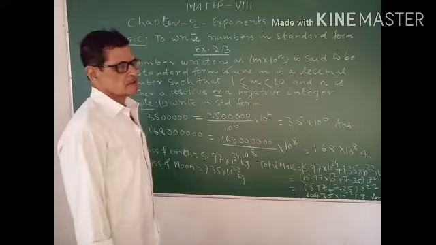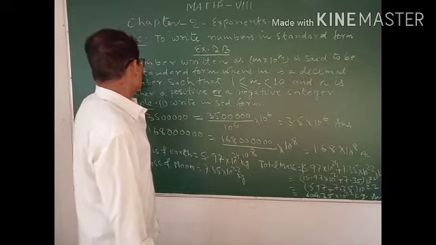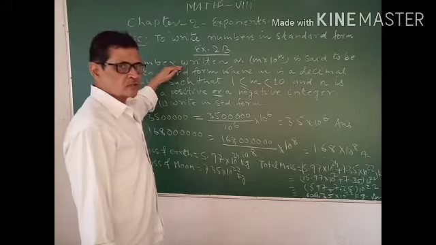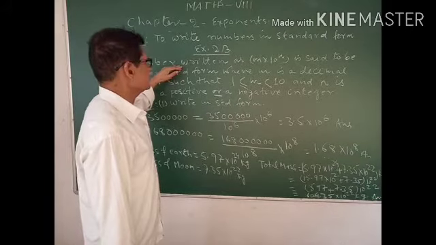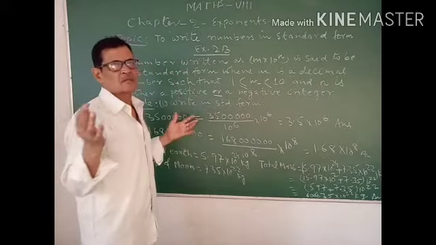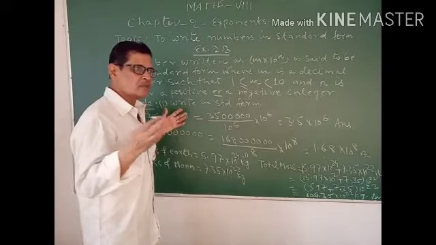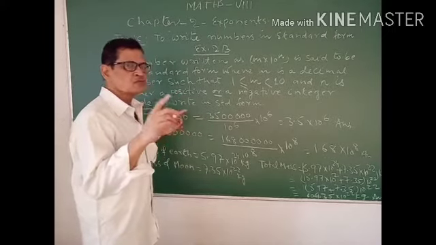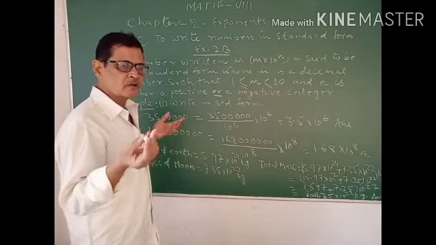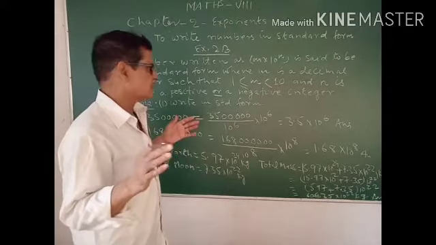Exercise 2B is part of exponents. The technique which we are going to learn is used to express very large numbers, for example, the distance between two space bodies, or the number of molecules or atoms in a certain quantity of matter.